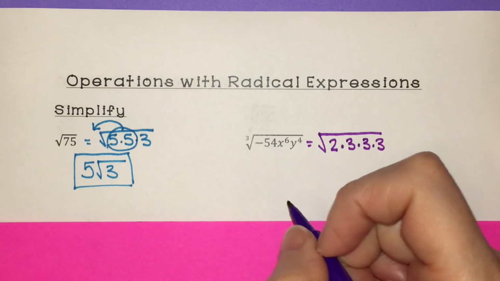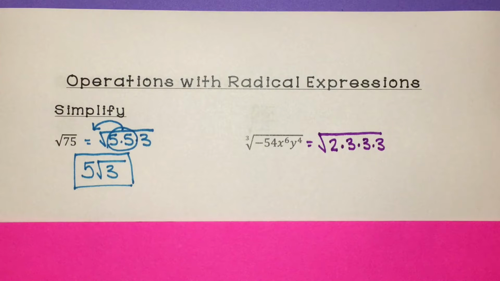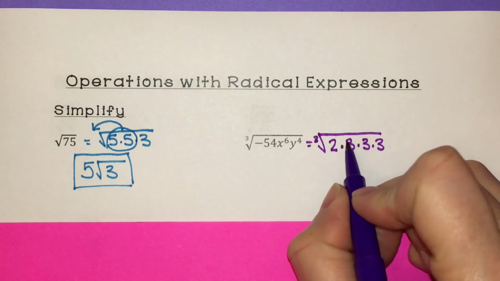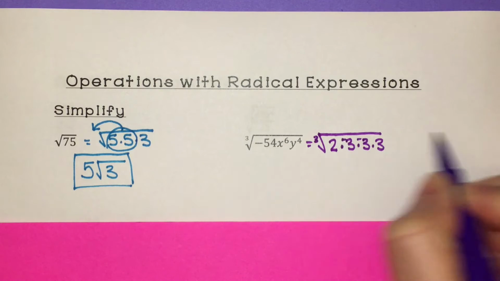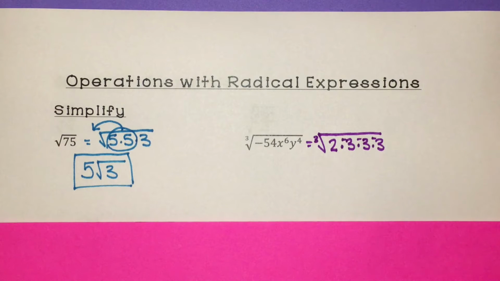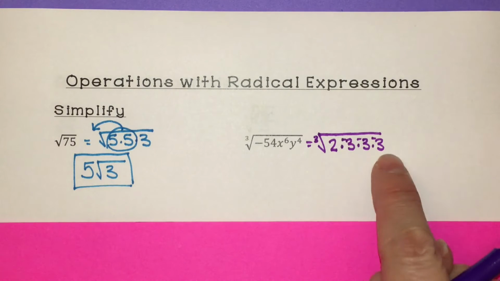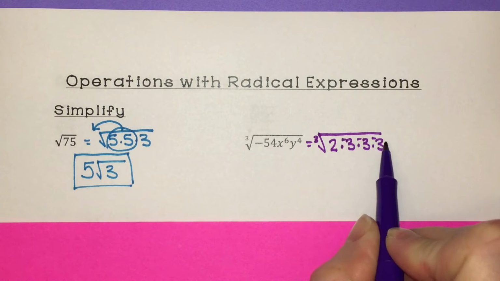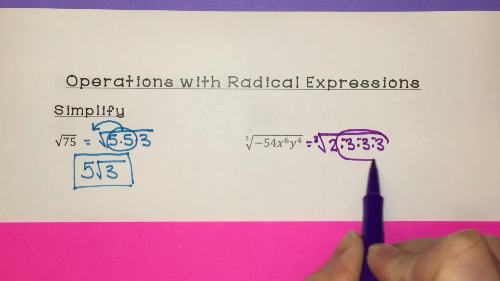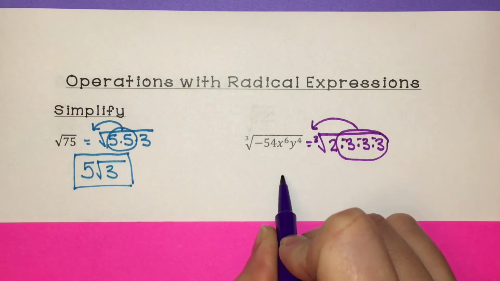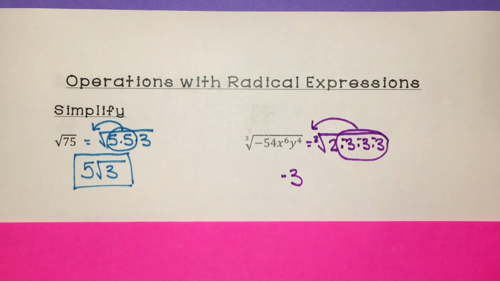But it's negative, and I do want to get that negative out, and it is a cube root. I know a negative times a negative is a positive, and a positive times a negative is a negative. Because I had 3 3's multiplied together, I knew if I made those negatives, I could bring my negative out. So I have a negative 3 that can come out.